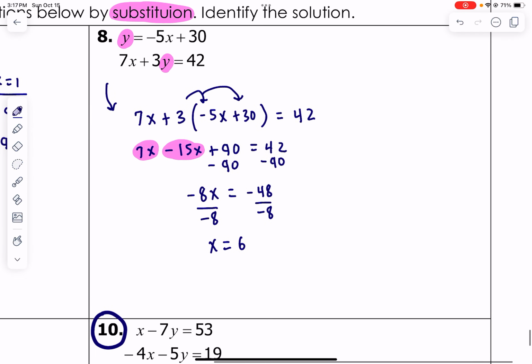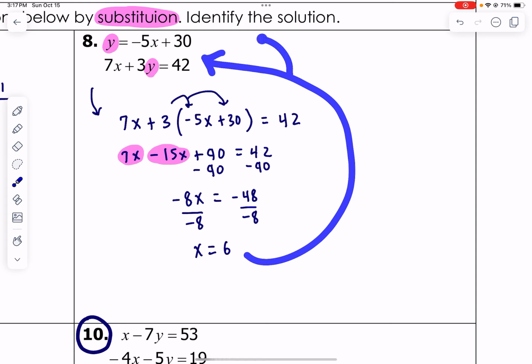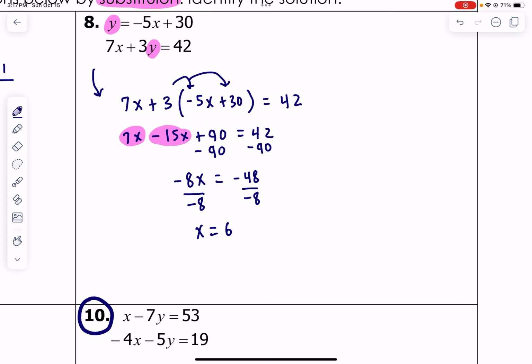Once again, this isn't our final answer. Once we have a variable that we solve for, you want to make sure that you plug in this x value into one of these equations. It really doesn't matter which one you plug it in. Let's just plug it into the first equation they give us. Plug in x equals 6. We get y equals -5x plus 30.